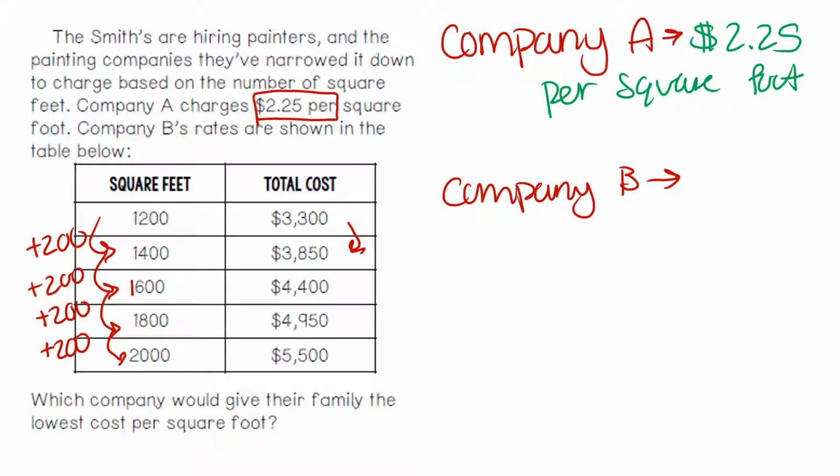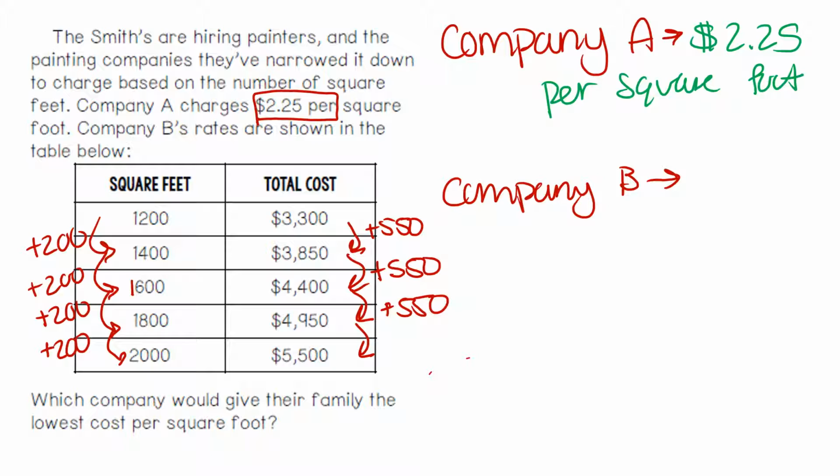On the right-hand side, we go from 3,300 to 3,850, which is going up 550. 3,850 going to 4,400 is again 550. 4,400 to 4,950 is again going up by 550.